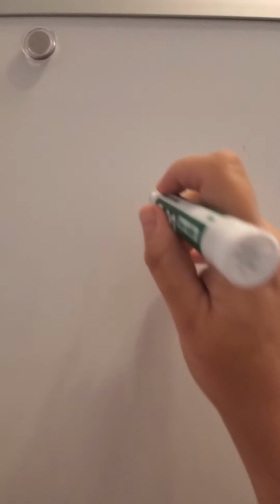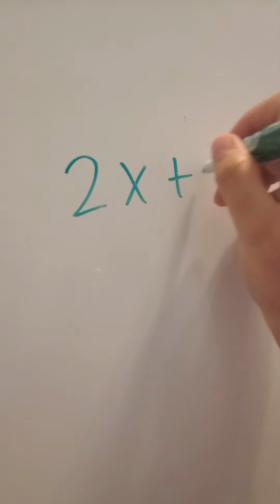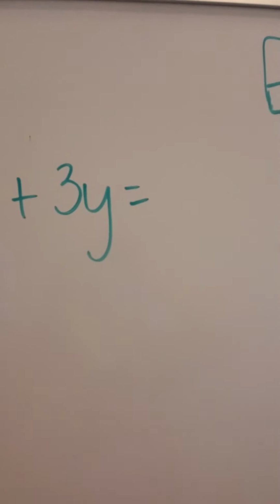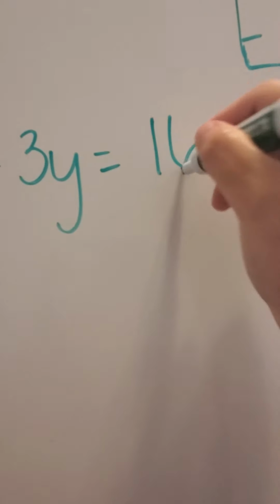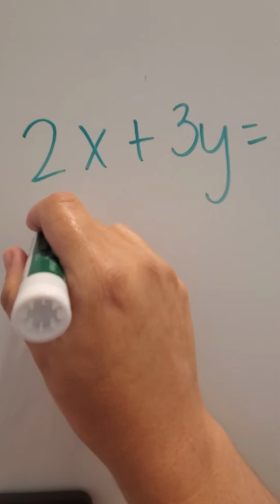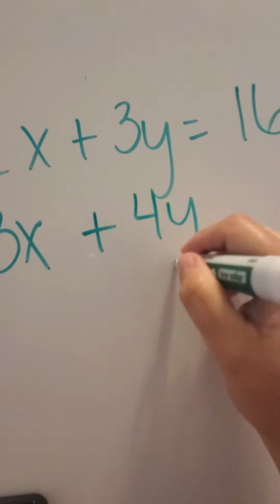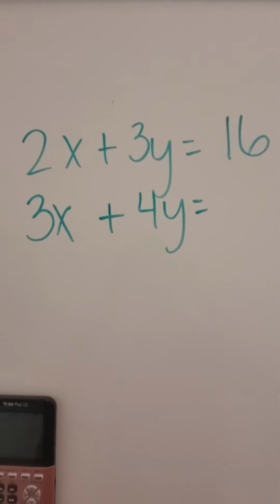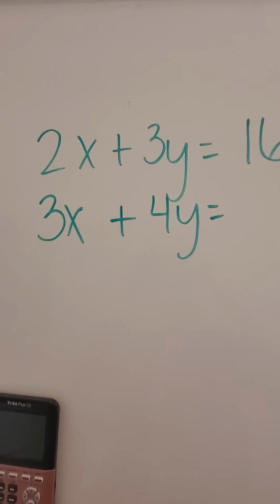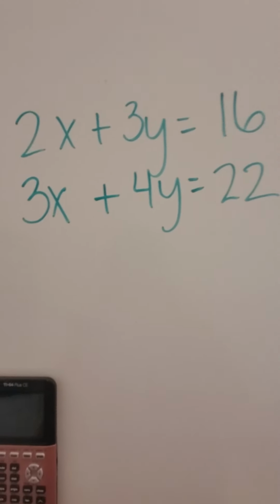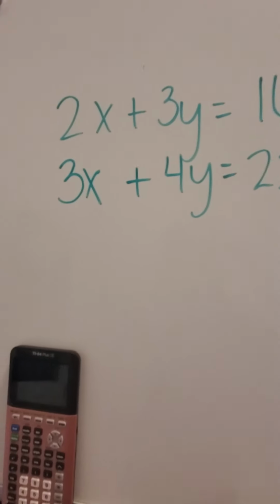Okay, so let's say I have 2x plus 3y equals 16, and then 3x plus 4y equals 22. I think that's right.